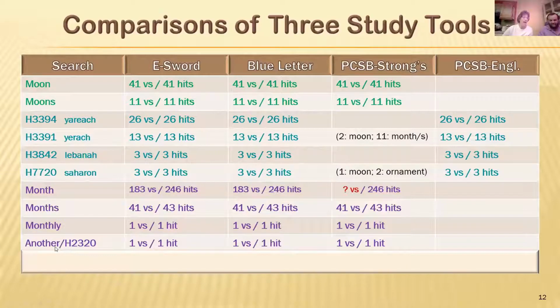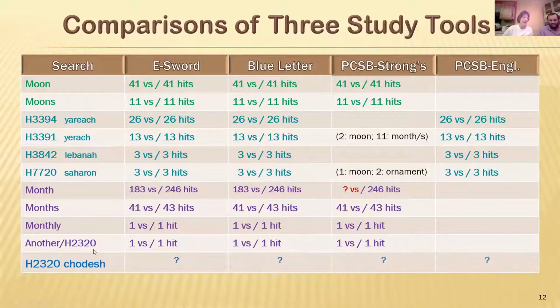In the Strong's, I did not take the time to count it up. I didn't have time. You guys can go and do that. But anyway, it's probably in the same ballpark. For the word months, we have 41 and 43, 41 and 43, 41 and 43. Everything is really good. We're still on track. And of course, for the word monthly and the word another, which also has 2320 connected to it, you can see that we have a very nice alignment here. So there's no discrepancies there.